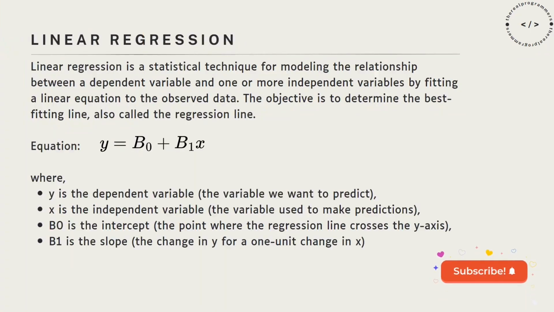Linear regression can be defined as a statistical technique for modeling the relationship between a dependent variable and one or more independent variables by fitting a linear equation to the observed data. The objective is to determine the best fitting line, which is also called the regression line.